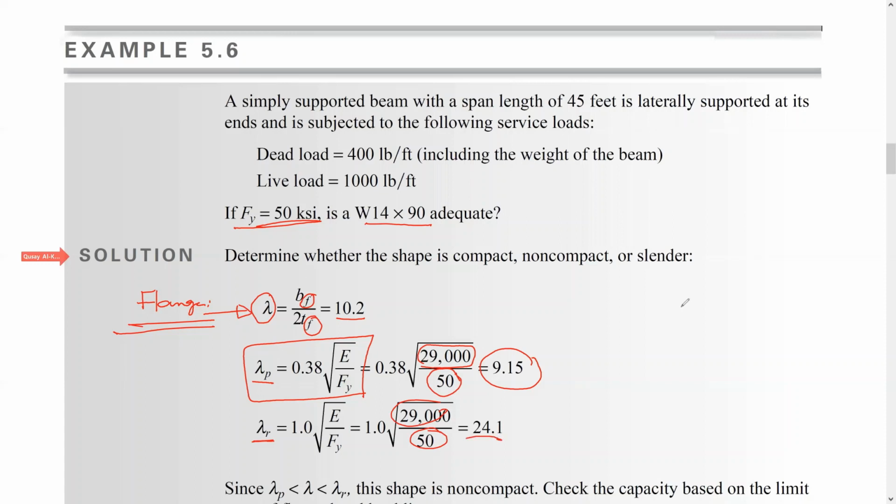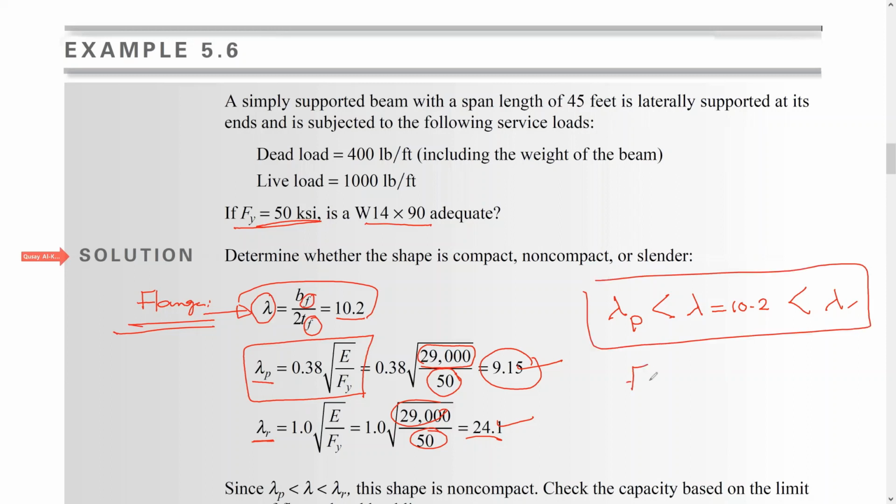So if you see here, lambda, which is 10.2, is greater than lambda p but less than lambda r. So the flange here is non-compact.